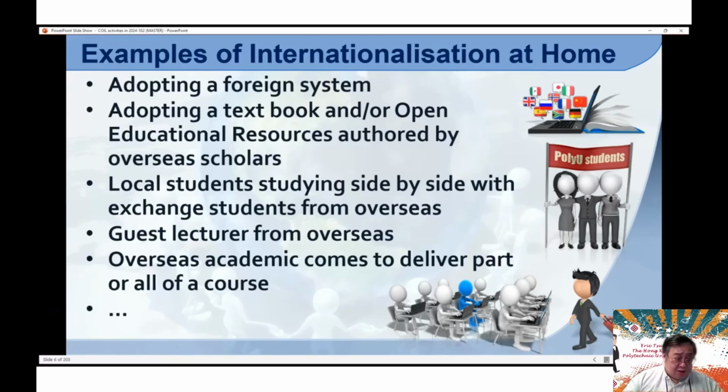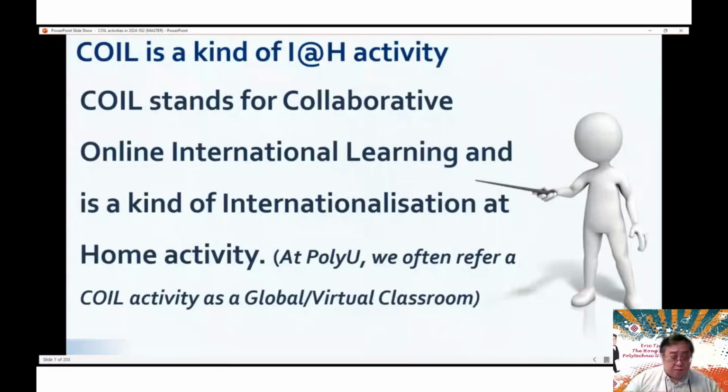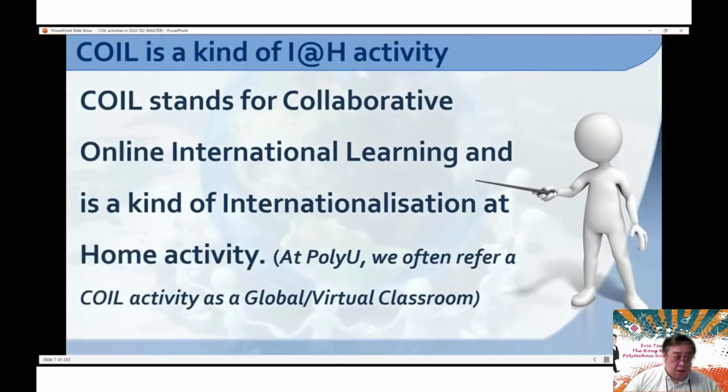So you can see that there's an international element in the planning, orchestration, or delivery of an academic activity inside the local institution. So I mentioned the term COIL. COIL stands for Collaborative Online International Learning, and it's a kind of IH, okay?